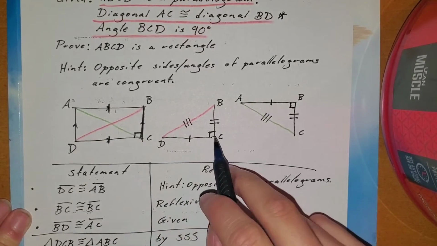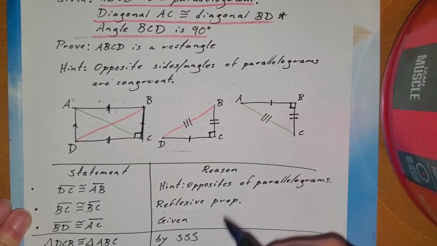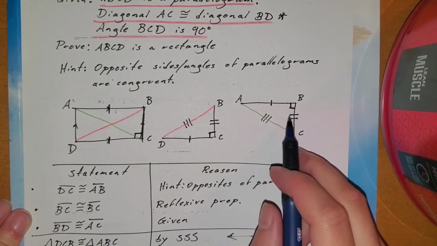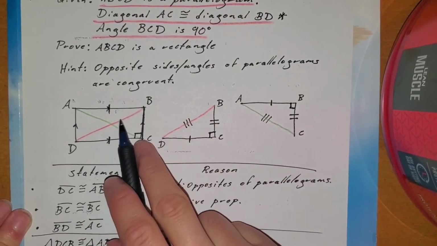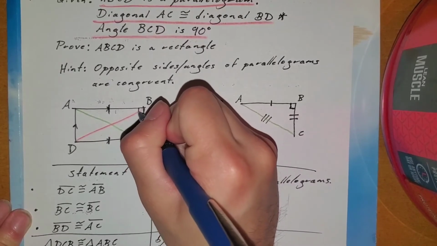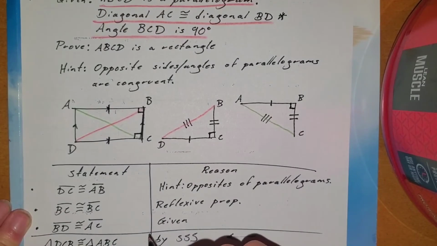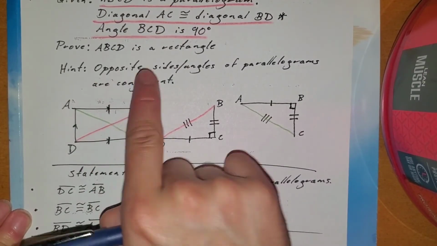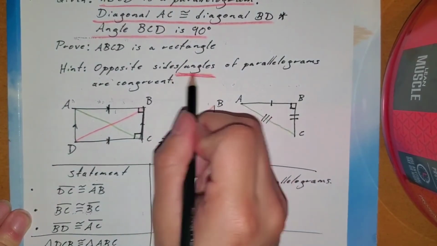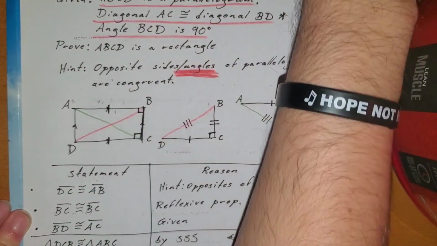I was able to figure out that this angle is 90 degrees because I have shown that the triangles are congruent. Now if I were to translate this angle into my original drawing, it's on B, right here. And remember one of the hints, opposite angles of parallelograms are congruent.